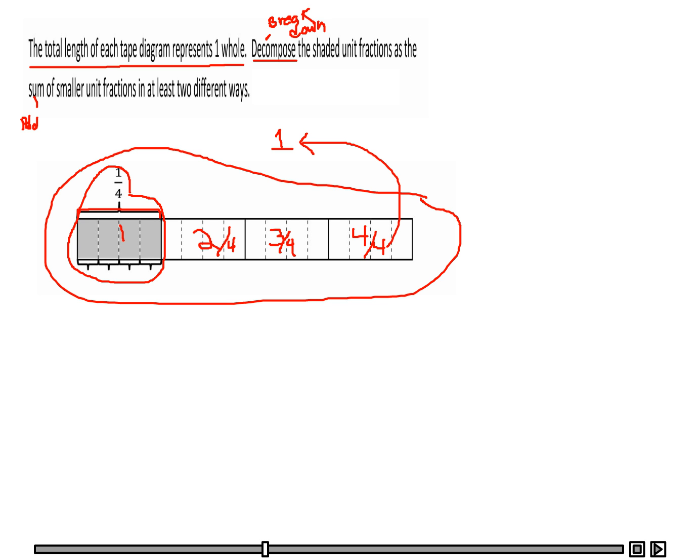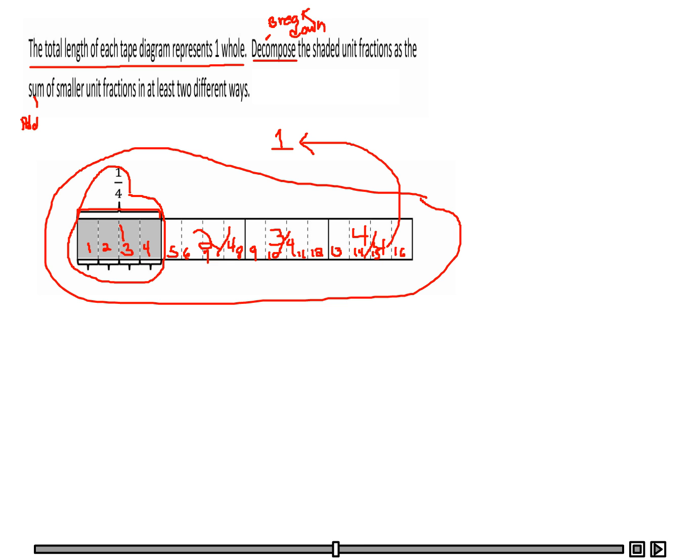And as you can see, looking at the smaller units, we have 1, 2, 3, 4, 5, 6, 7, 8, 9, 10, 11, 12, 13, 14, 15 and 16.